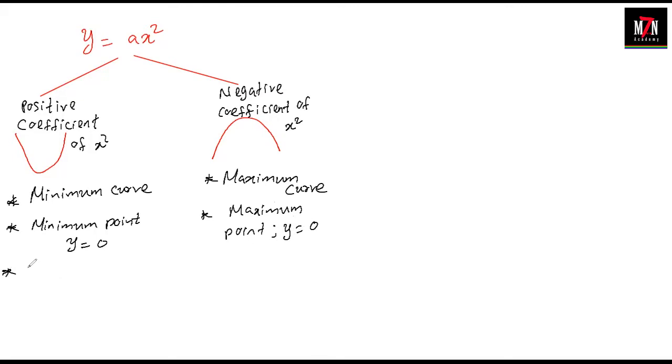Then you can have the equation of the symmetrical line. What is the symmetrical line? The symmetrical line is the line that divides this curve into two equal parts. So the equation of the symmetrical line is x equals 0.